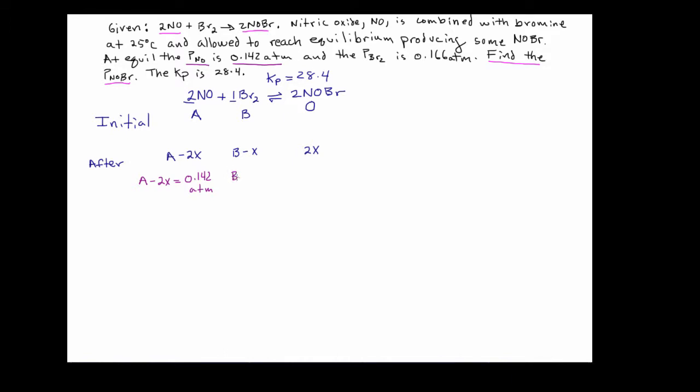Similarly, the difference B minus x is equal to the equilibrium partial pressure of 0.166 atmospheres of Br2. And the equilibrium pressure of NOBr is simply 2x.